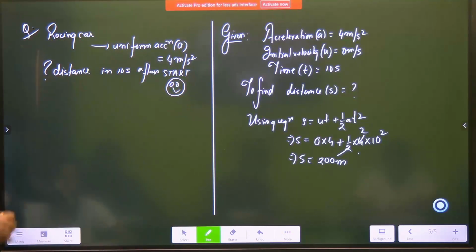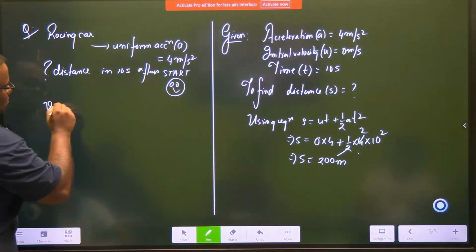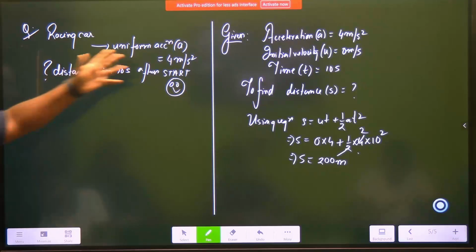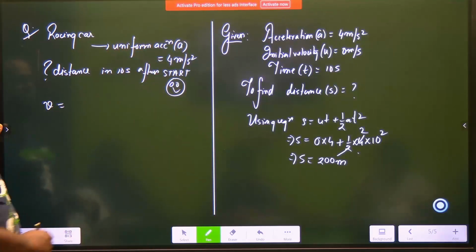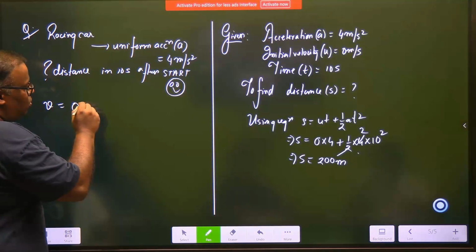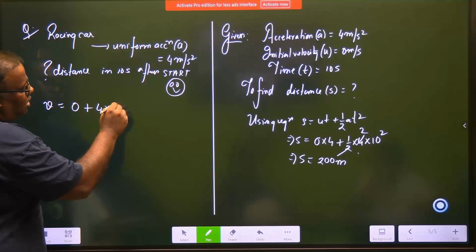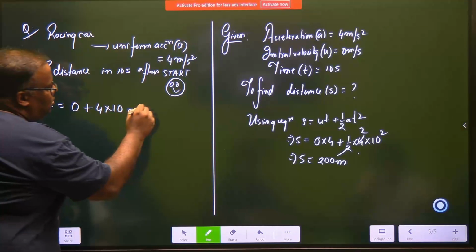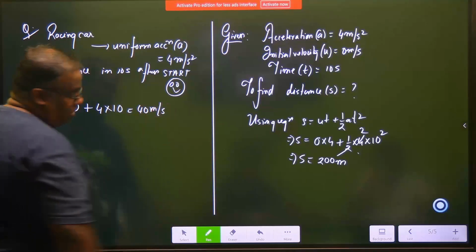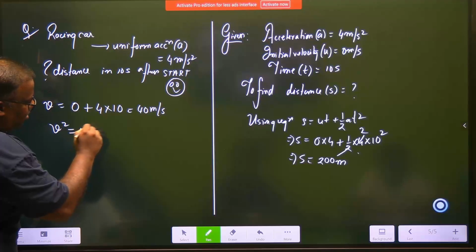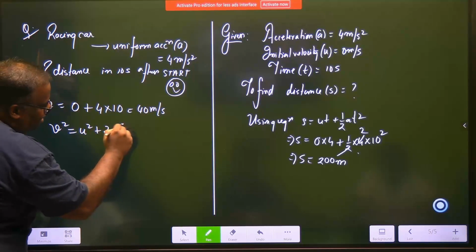Now you have done it in this manner. Let's calculate V in this problem. Though this is an idiotic way of doing it, we'll check. Tell me what will be the value of V? Initial velocity U plus what is the acceleration? 4 into what is the time T. So V is equal to how much? 40 meter per second. Our formula says V square is equal to U square plus 2AS. Do you agree or not?